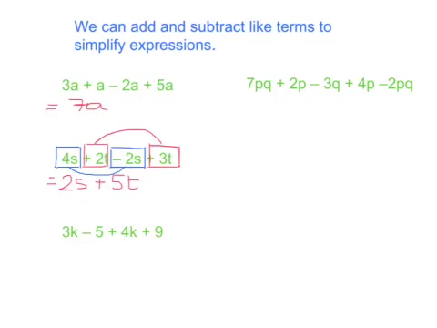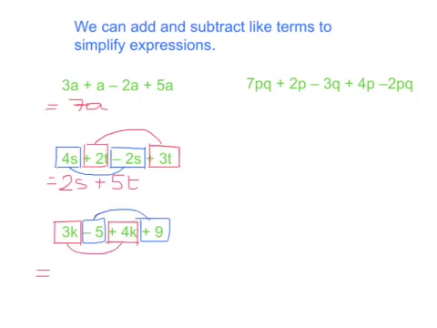Let's do the same thing with putting the boxes around our terms. Okay, so I've got some k terms, so I'll put my box around the k's, and then I've got some constants. I'll do those in blue. So negative 5 and positive 9. So then I'm going to combine my like terms.